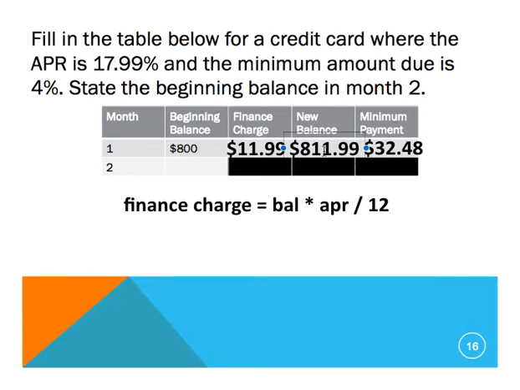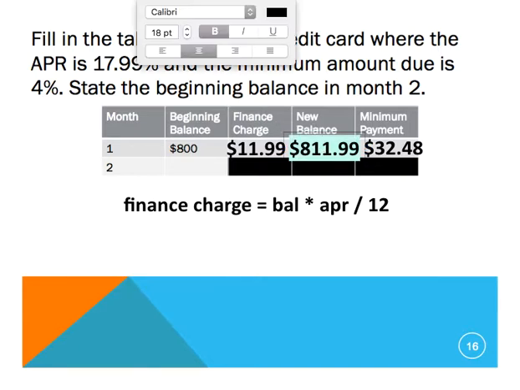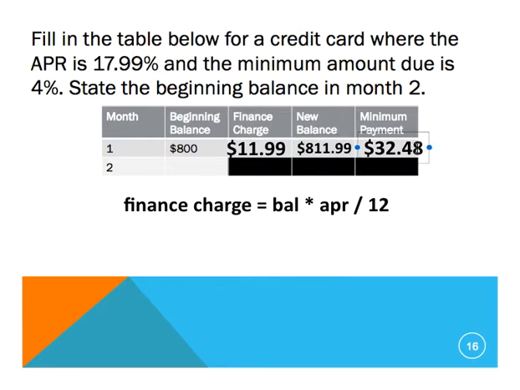And let me go ahead and make this a little bit smaller so we can see a little better. Okay, that fits better so we don't have overlapping numbers. So what this tells me is that on my $800 that I have on my credit card, for month 1, I'm going to owe $11.99 in interest.